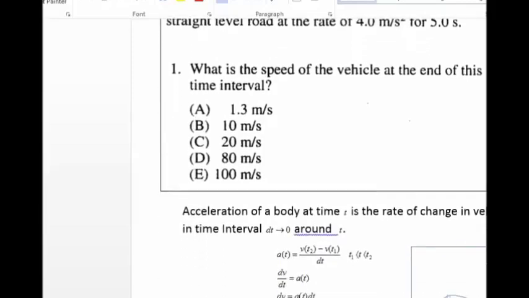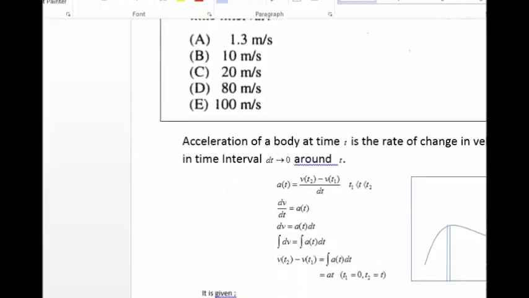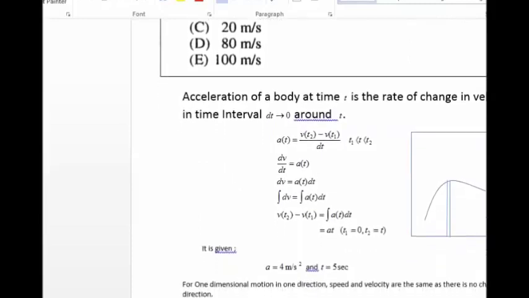If the vehicle moves with a non-uniform acceleration, in which case the acceleration is a function of time, the acceleration is defined as dv by dt is equal to a of t, then we need to compute the integral to find out the change in velocity, that is the difference in velocity at time t1 and time t2.